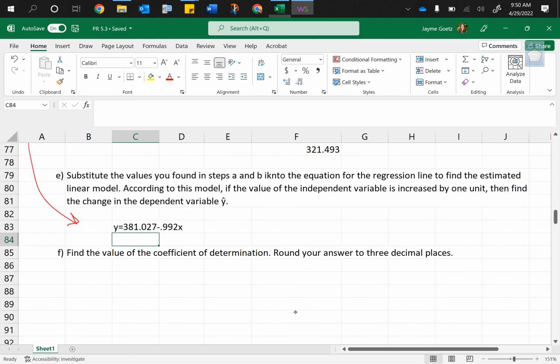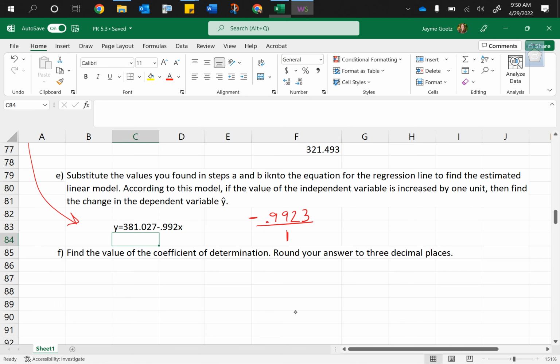Okay, my slope is 0.9923. And remember, slope is rise over run. Okay, slope is rise over 1. So that's 0.9923 over 1. That is the change in y over the change in x. You guys remember that from a long time ago? Okay, so the change in y over the change in x.